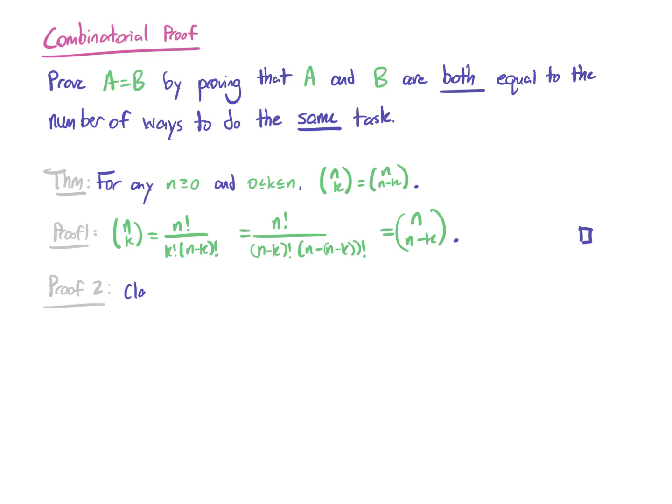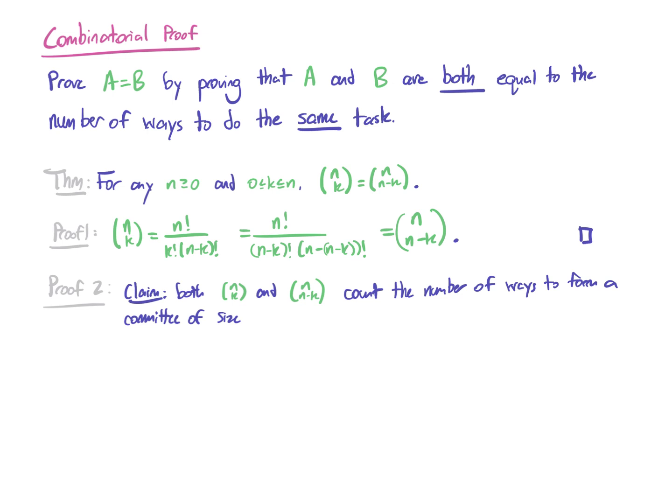Here's our claim that we will prove: both n choose k and n choose n minus k count the number of ways to form a committee of size k from a set of n candidates.